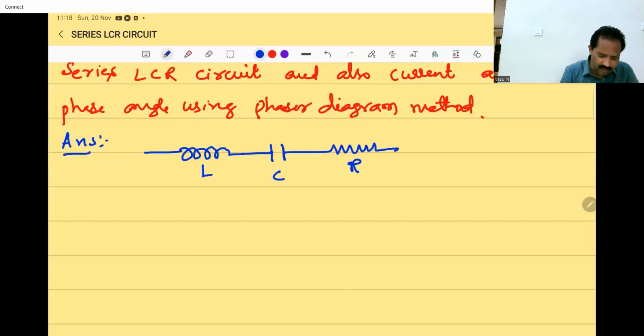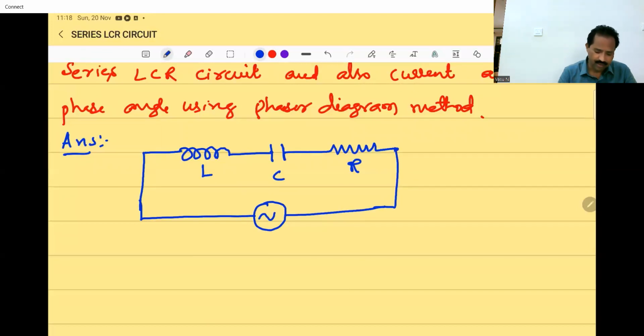Now this series combination is connected across an AC source. This is an AC source like this. So connected in series, LCR, that's why it is called LCR circuit.